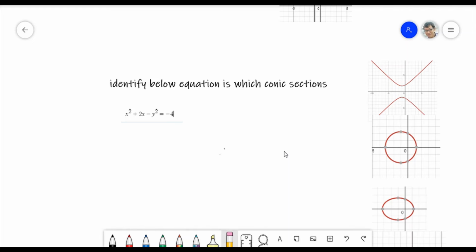What we need to do to make sure exactly which one it is, is make it look like the standard equation, so we can easily find it.